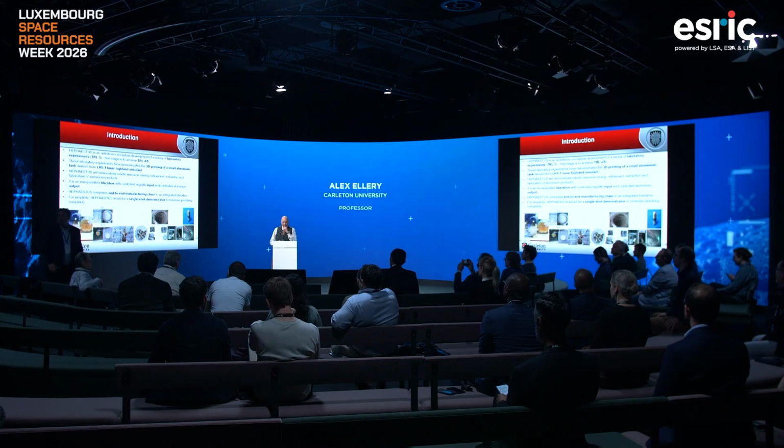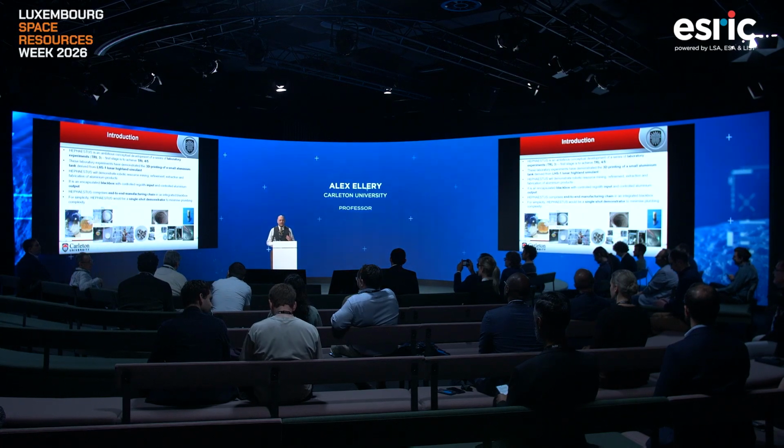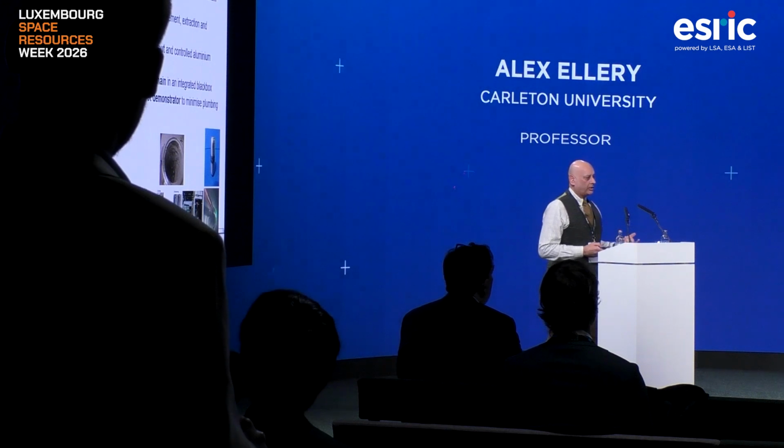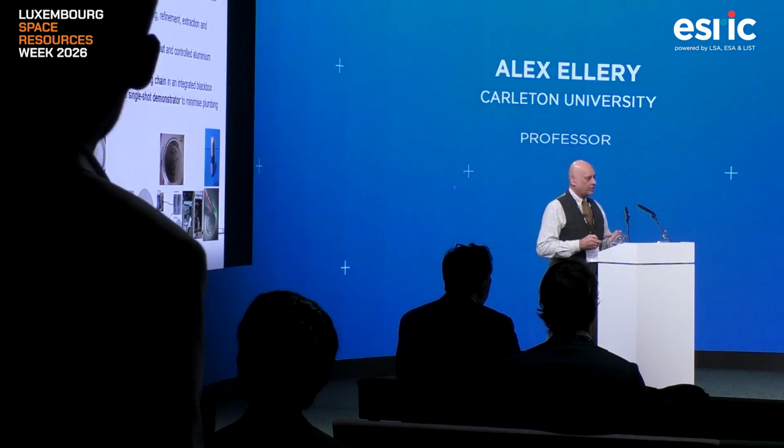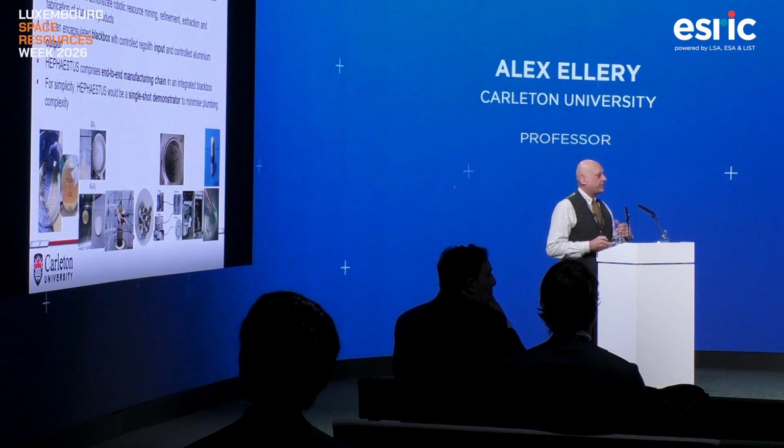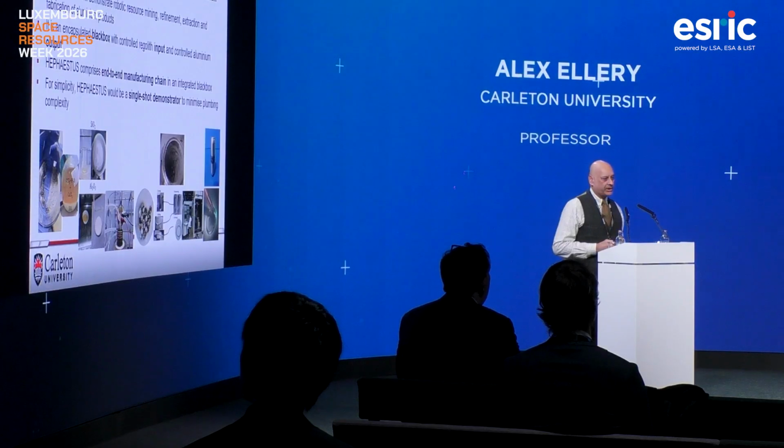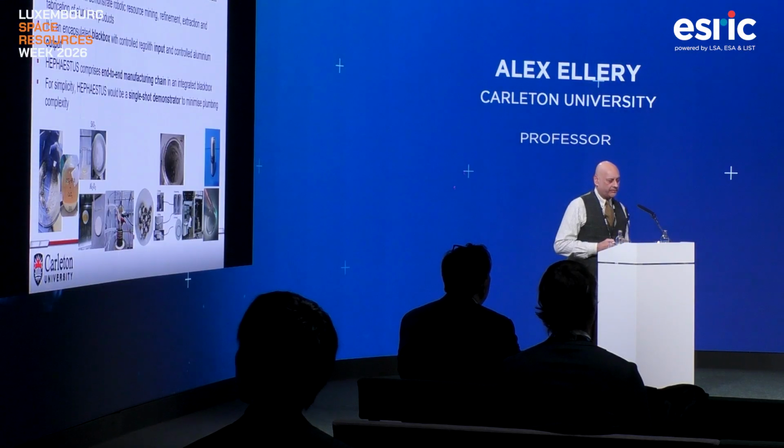Okay. So I want to talk to you about a concept we've been working on. It's not built, it's not designed yet, but it's based on a series of hardware experiments we've done in-house at Carleton University.